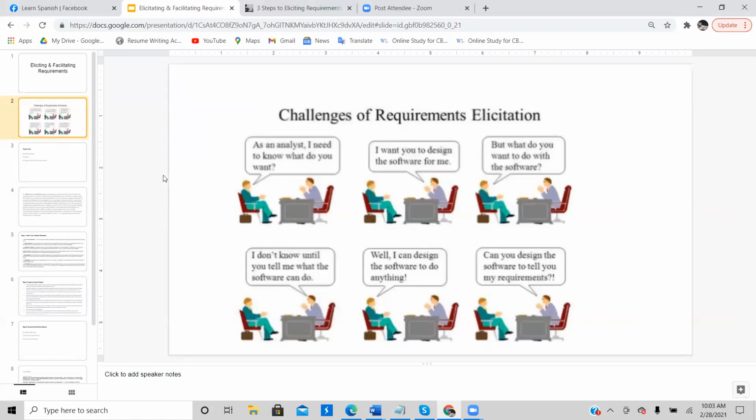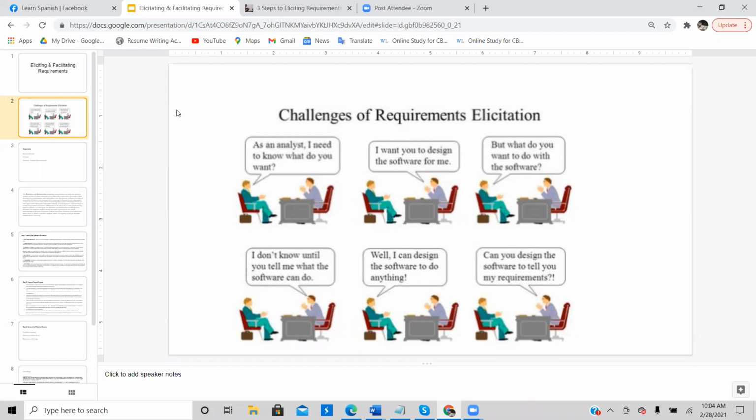The stakeholder says, well, I want you to design the software for me. The business analyst says, but what do you want to do with the software? The stakeholder says, I don't know until you tell me what the software can do. Then the BA says, well, I can design software to do anything. The stakeholder says, can you design the software to tell you my requirements?